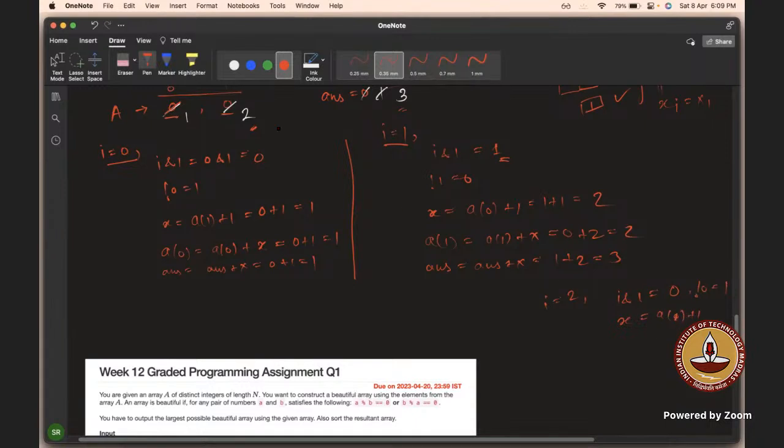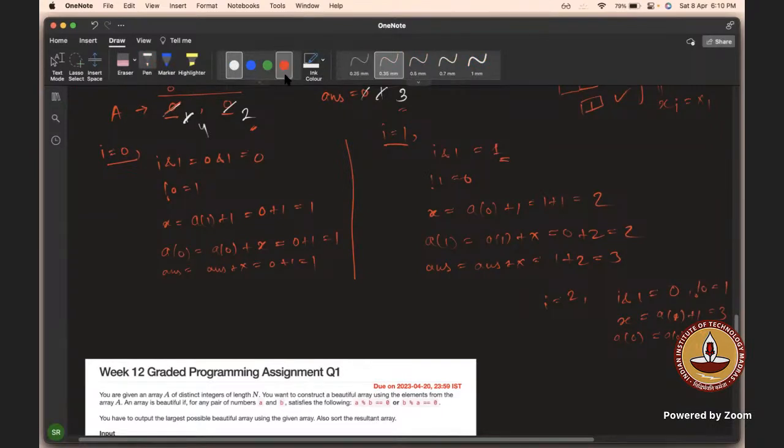What was a1? a1 is 2. So this is 3, right? We update a0 now equals a0 plus x. That is 1. a0 was 1. So 3 plus 1 is 4. So we update this to 4.